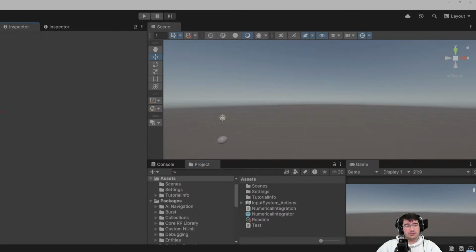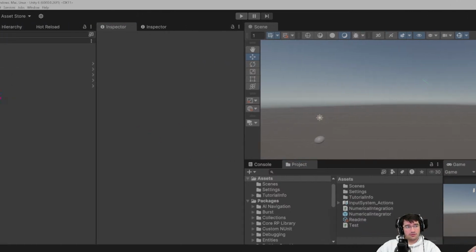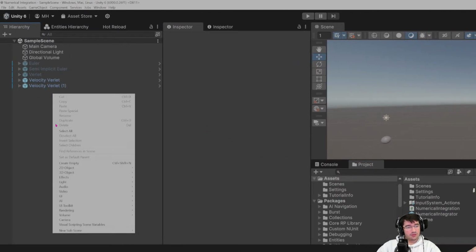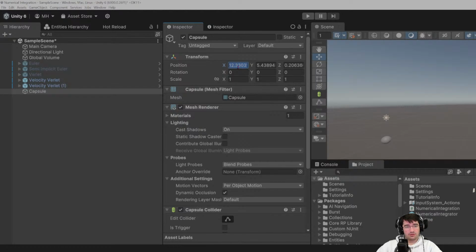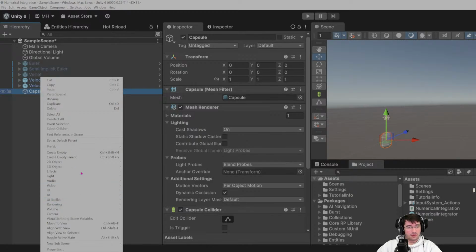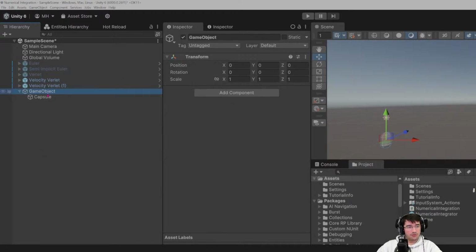And so let's start with a very simple character controller. Let's create a capsule. Okay. 0, 0, 0. And actually, let's create an empty parent.